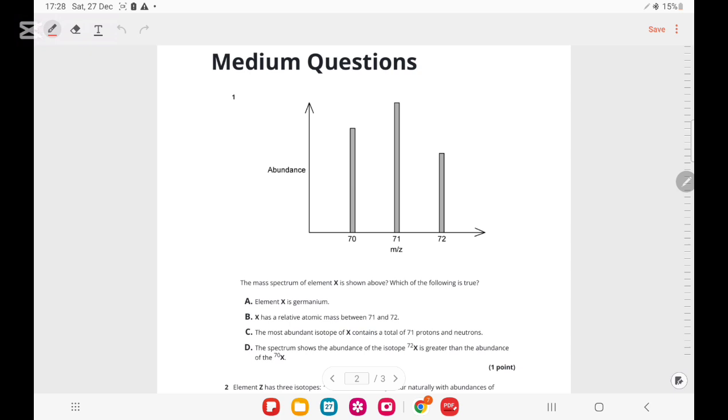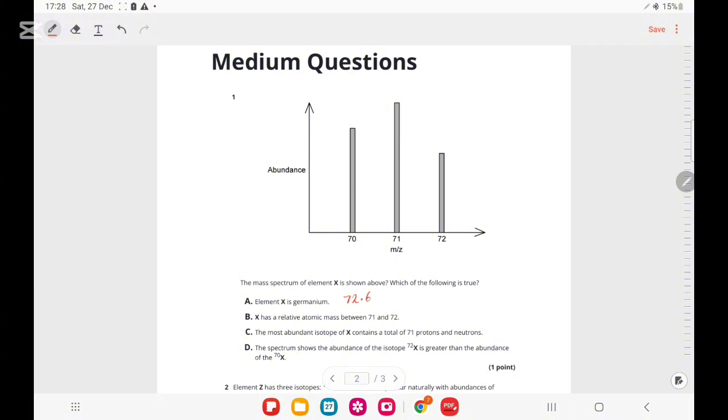So now there is the mass spectrum of element X. So they have given us some option and they say what is true. So element X is germanium. First of all, germanium has the relative atomic mass of 72.6, which is not possible because the atomic mass, average atomic mass must need to lie between 70 and 72.